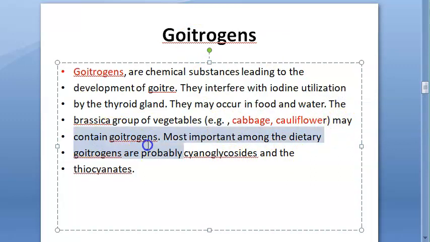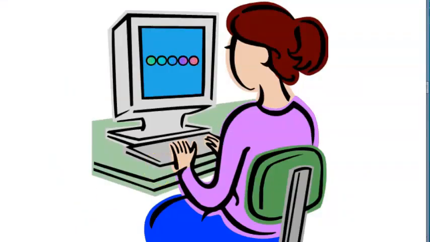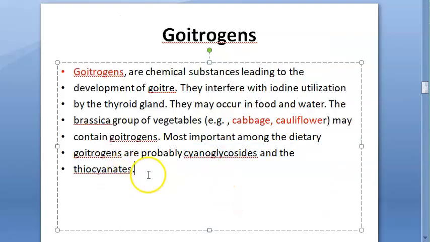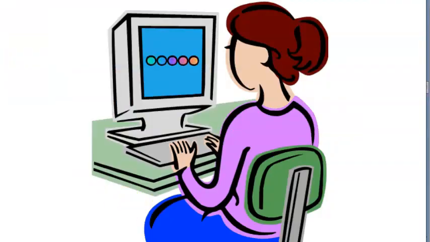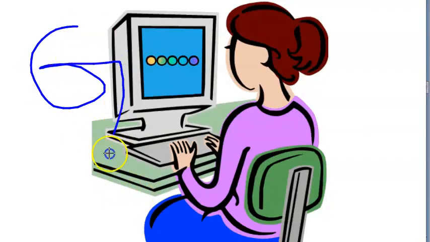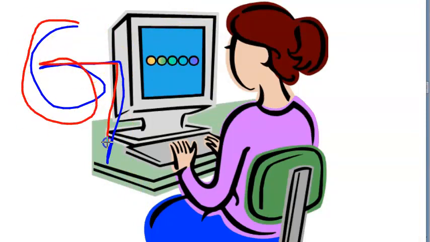They contain goitrogens. The most important dietary goitrogens are probably cyanoglycosides and thiocyanates. So you looked at goitrogens, which lead to iodine deficiency. These goitrogens can be present in water and food.